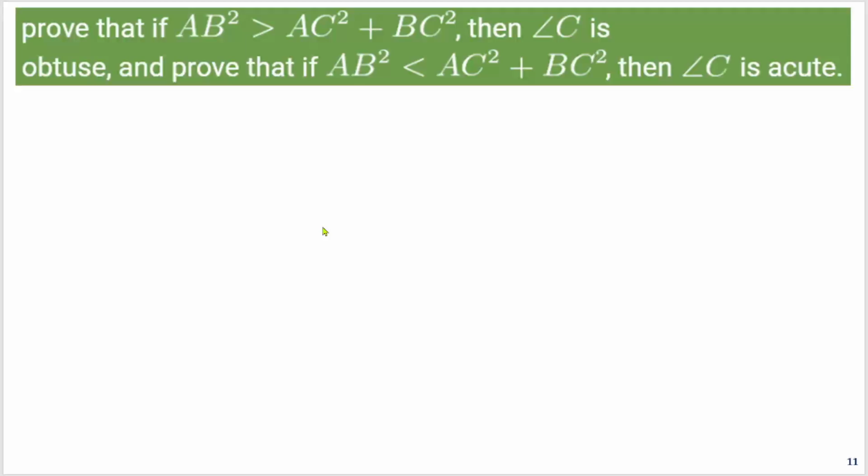And can you also prove that if AB squared is less than AC squared plus BC squared, then angle C is acute? Well, if we substitute the inequality signs with equality signs, then we know that angle C must be a right angle, right? Now, if we use the inequality signs, can you prove these statements are also true?